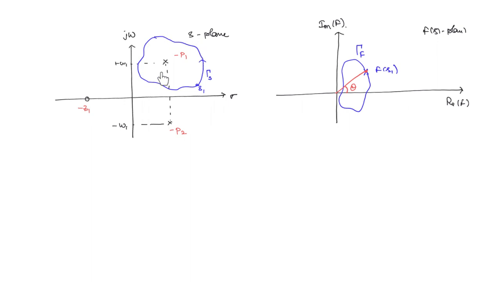Now the same path we have mapped onto the f of s plane using which function? f of s is equal to s plus z1 by s plus p1 into s plus p2. So when you substitute any point s1 in this function, you are going to get a corresponding point on this f of s plane, which is going to give you this closed loop. You're getting a closed loop because this is also a closed loop.